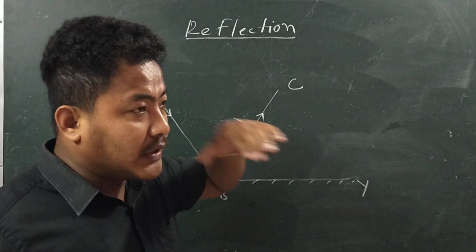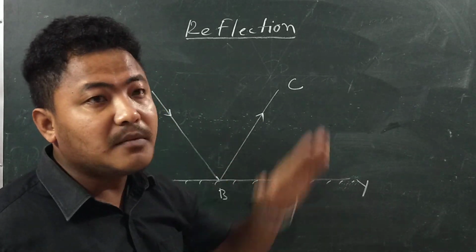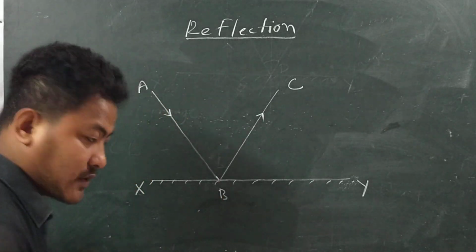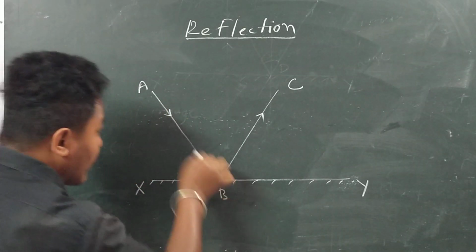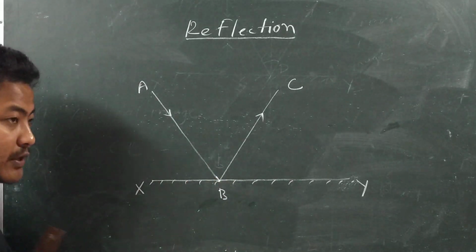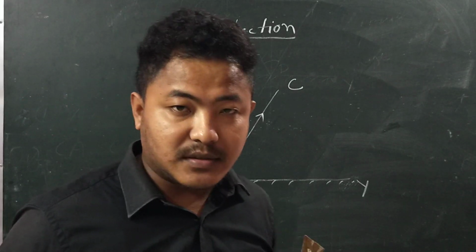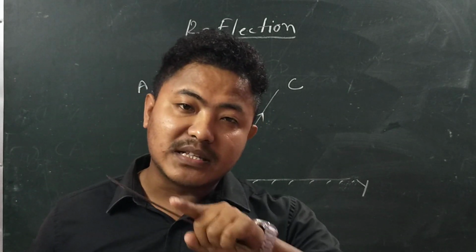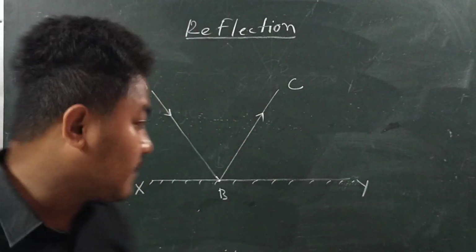That means the ray of light bounces back to the same medium after striking the surface. The point where the incident ray has struck is known as the point of incidence. So what is the point of incidence? The point of incidence is the point where the incident ray strikes.